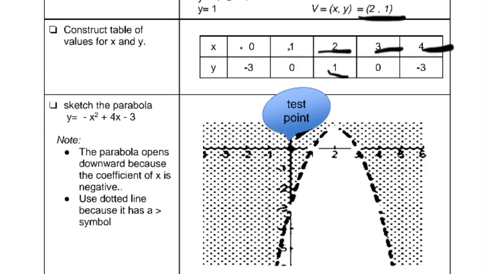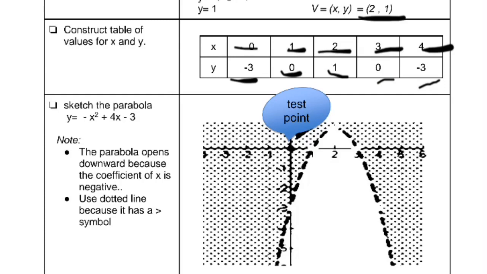To get the value of y, we're going to substitute x with these values. If x is 0, then y equals negative 3. If x is 1, y equals 0, and so on. Again, you will just substitute these values in the quadratic equation.